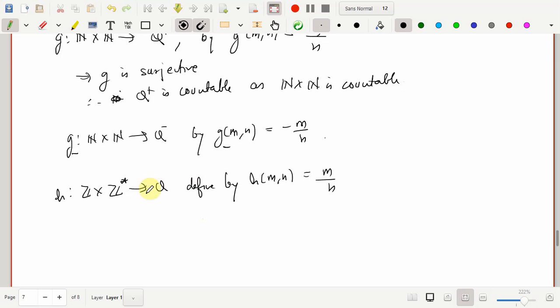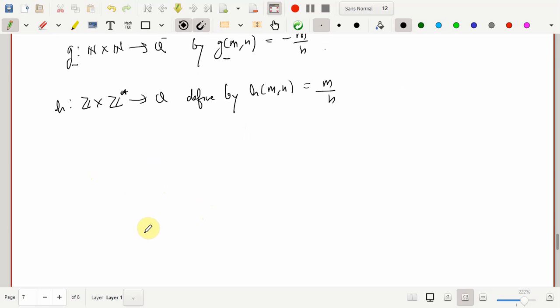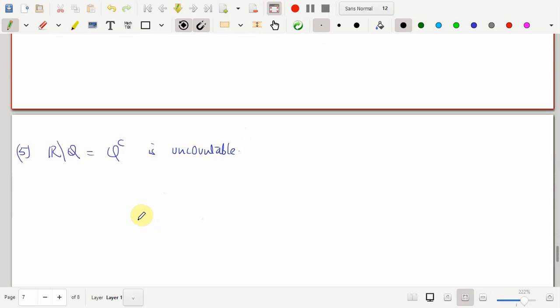So this you can also prove is surjective. Now here Z and Z star are both countable, so the Cartesian product is countable. So since it is countable, Q is also countable, using the same result which we have used above.